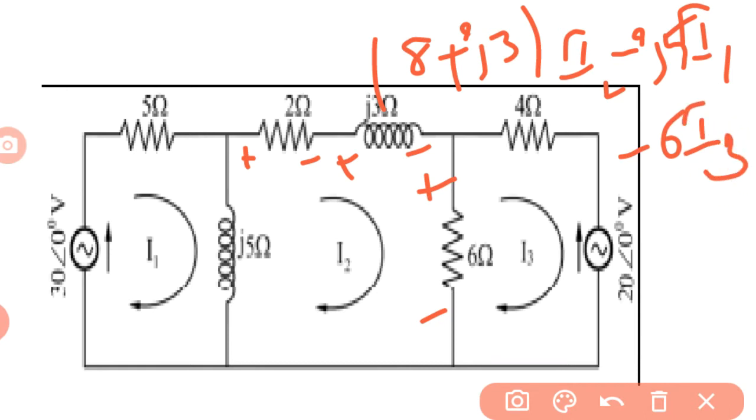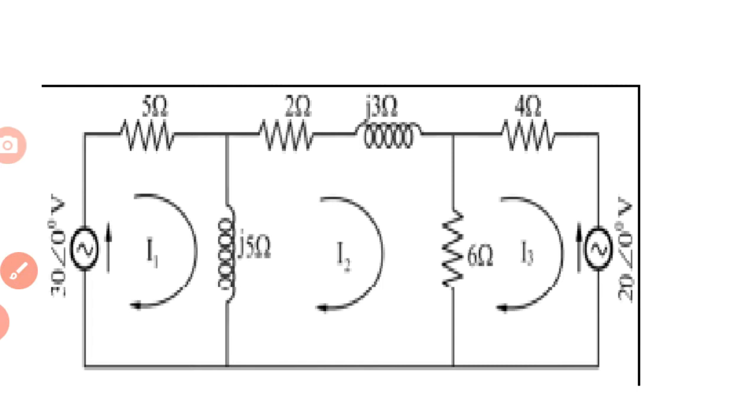There is no voltage, so that is equal to 0. This is the second loop equation: (2 + 6 + j3) into I2 minus j5 into I1 minus 6 into I3 equals 0.